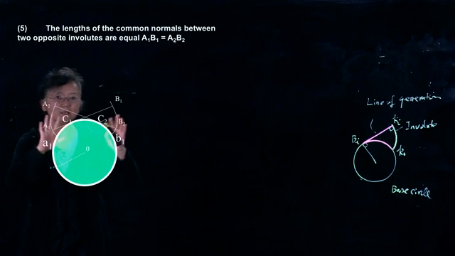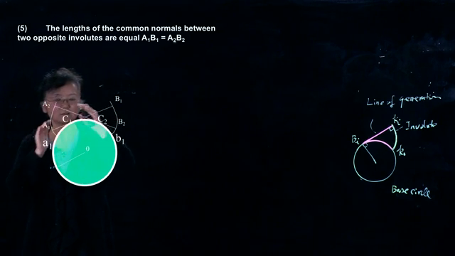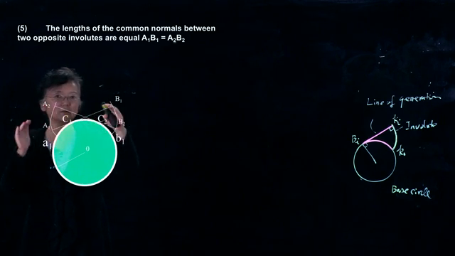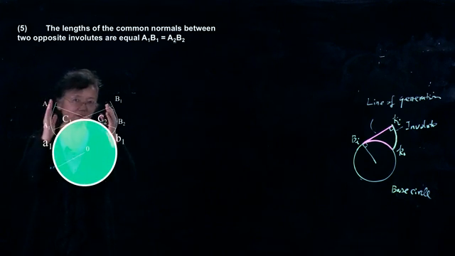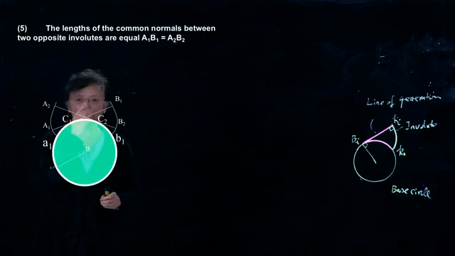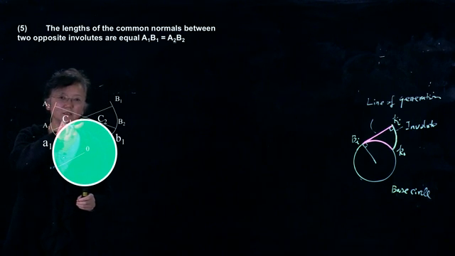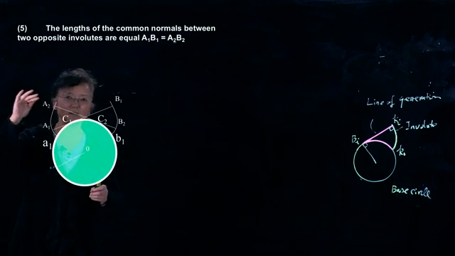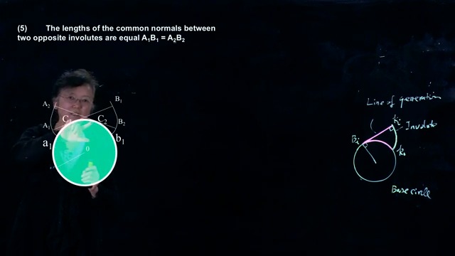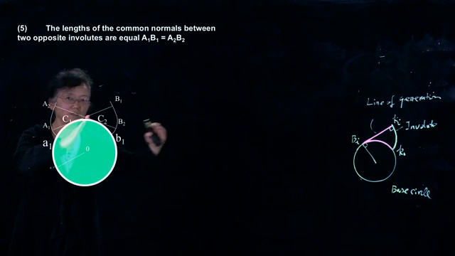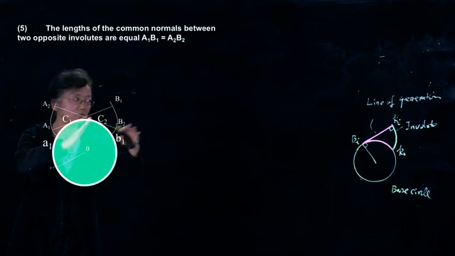From that, we can easily prove that any common normal between two opposite involutes has the same length. So let's take B2 and A2, the tangent to the base circle at C2. All right, from this side, you see the straight line of generation equals the arc length.